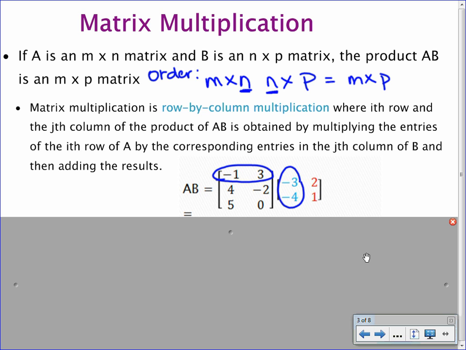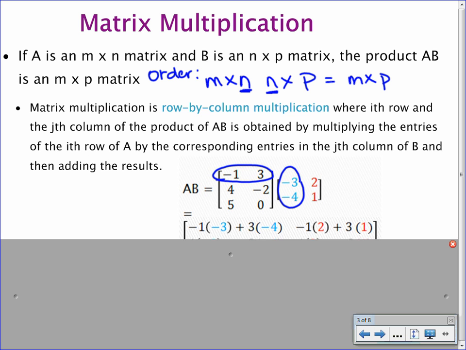The reason we have to have the same number of columns as rows is because the numbers in this row get multiplied to the numbers in this column. So we're going to take negative 1 times negative 3 and 3 times negative 4 right there. And that is our one entry.